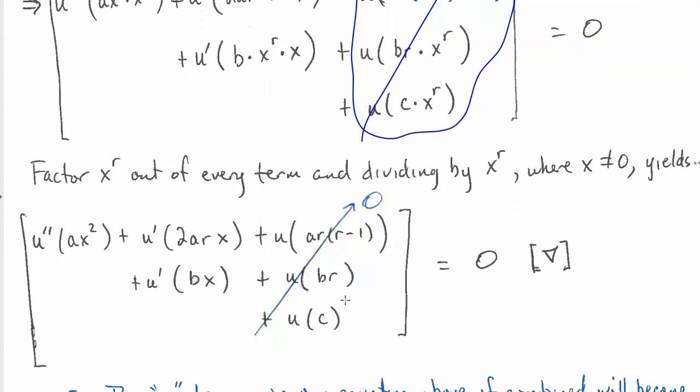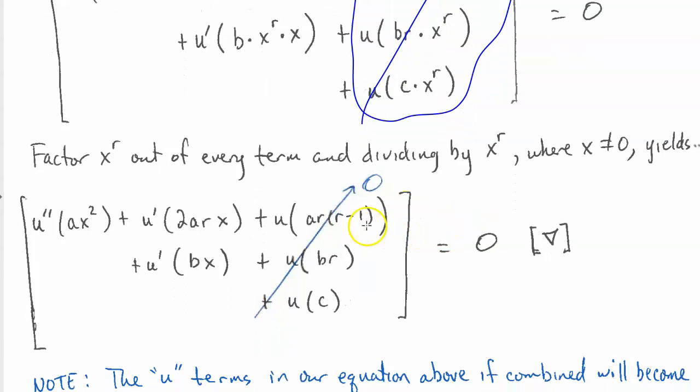So if we put this together here, notice that once we do a little simplification, we have a times r times r minus 1 plus br plus c. And all of that we could rewrite this way. Now, if you notice, this was one of the forms of our indicial equation. And if I write it out, this will be ar squared minus ar plus br plus c.